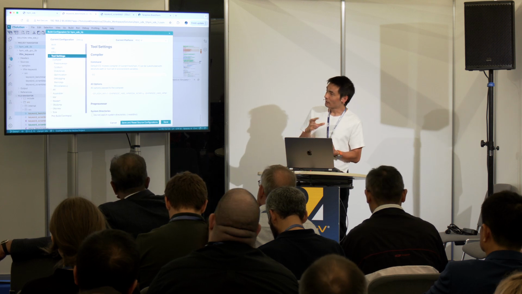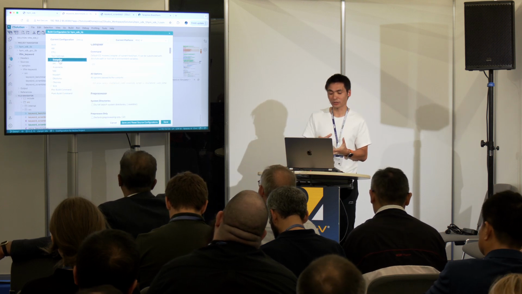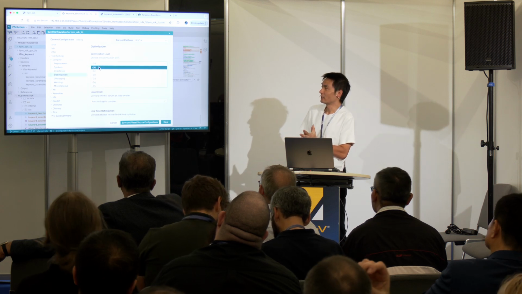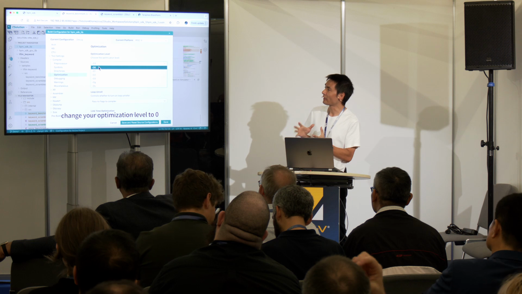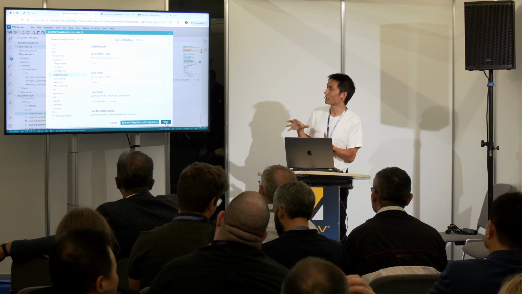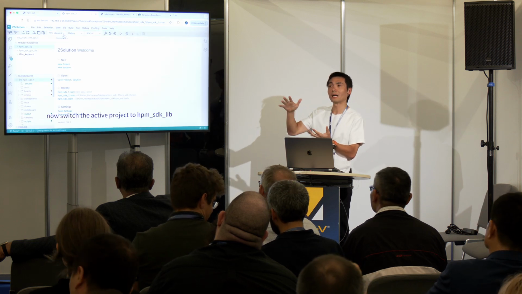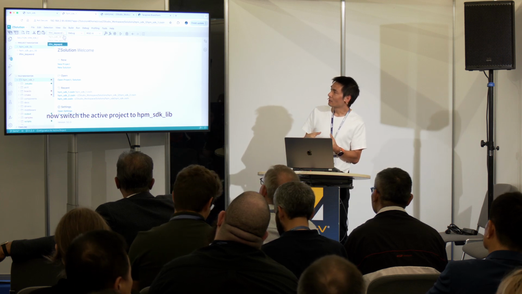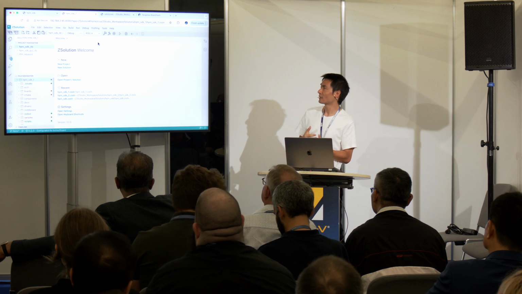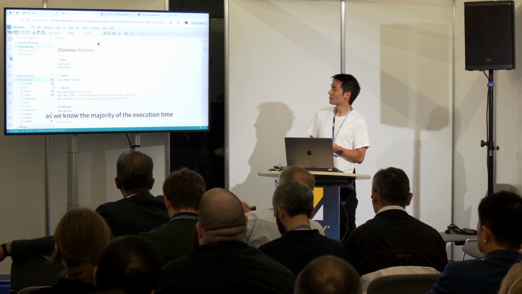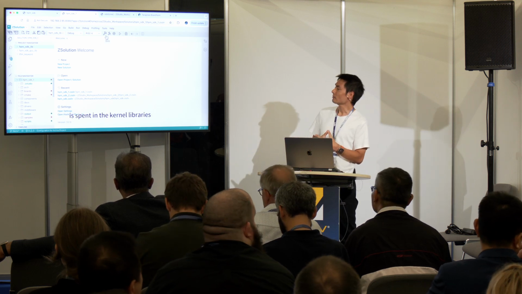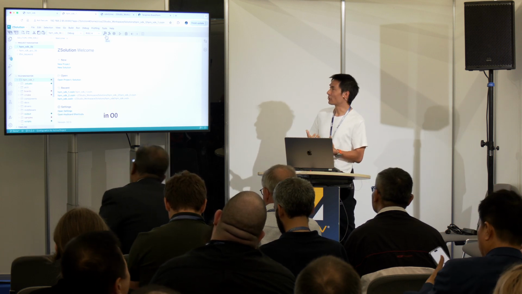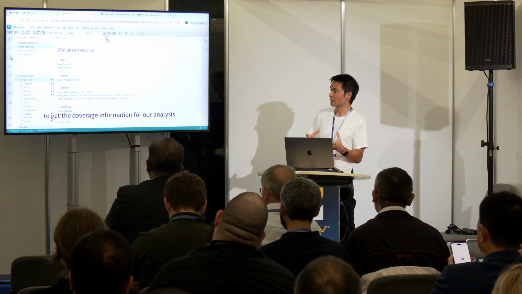So we need to modify some compiler options in order to align the source code with the assembly code. We will change the optimization level for this compilation to 0 to align the line numbers to the source code. After running, let's wait for a second. We are going to rebuild the kernel in O0 to get the coverage information.